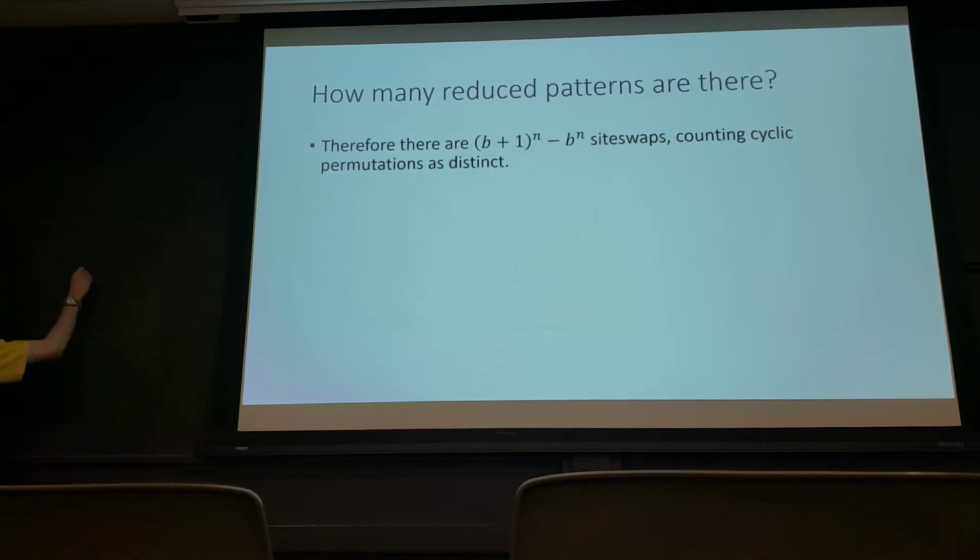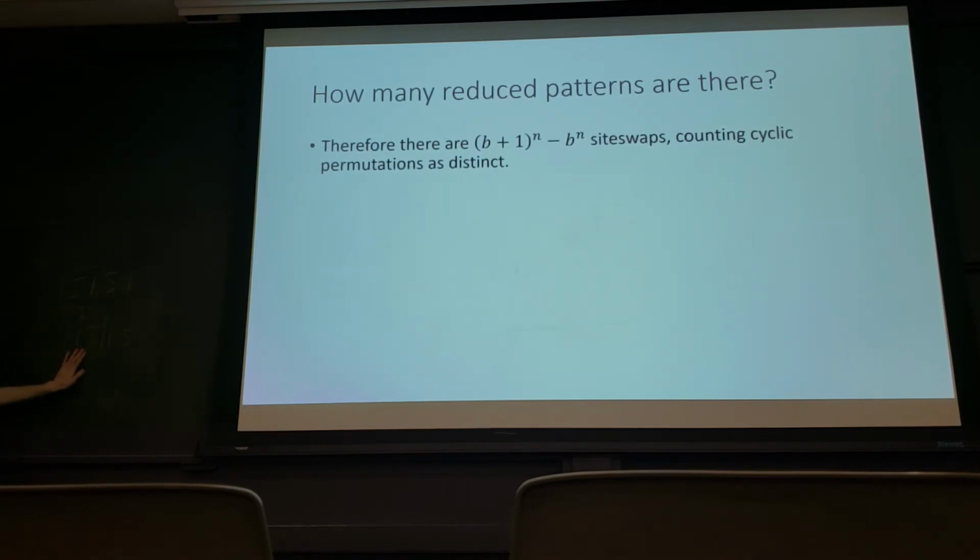If I have a pattern like 5, 1, 5, 1, I can look at the reduced section, and you can split them up into identical sections in some way. And this I know is going to be a reduced pattern, but it could be cyclically permuted.